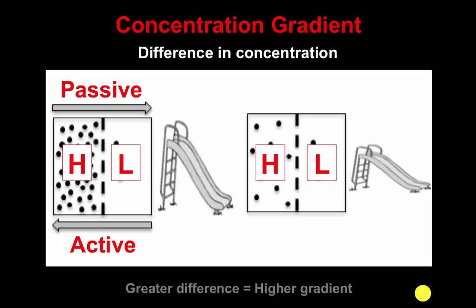However, if you wanted to go up the slide, you're going to use active transport because you have to actually use energy to get up the slide or to move up the river. So a lot of times we talk about active transport like pumping. You actually have to pump water uphill, but it will passively flow downhill.